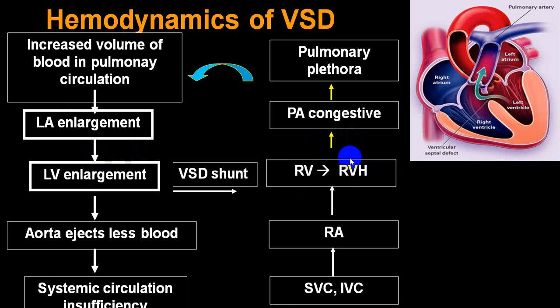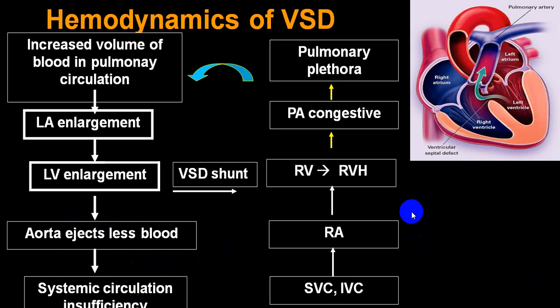Secondary to RVH, RV pressure elevation, now RA pressure is elevated, increased pressure in superior vena cava and inferior vena cava, leading to congestive cardiac failure. And less blood from LV will enter into aorta, leading to hypotension. Systemic circulation will be less, so it will lead to hypotension. So this will be the entire pathophysiology which will take place.